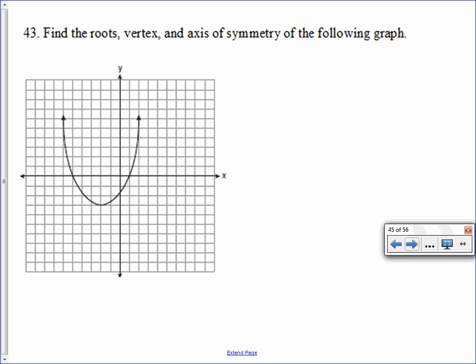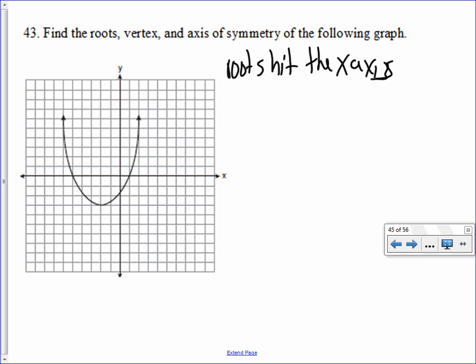Find the roots, the vertex, and the axis of symmetry. Well, we have a song for this. The roots hit the x-axis. Another name for roots is zeros. The vertex is the turning point.